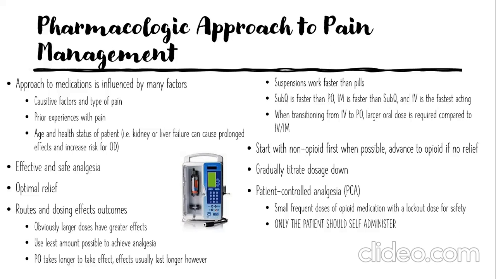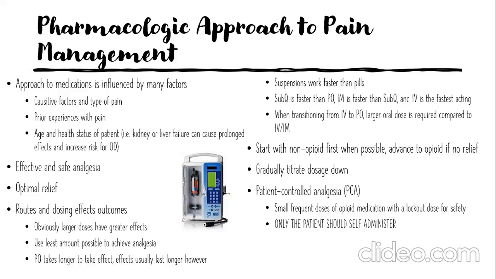So everybody, different strokes for different folks. It's what's worked for you in the past. Also, you want to consider the age and health status of the patient. If they're having kidney or liver issues, that can prolong the effects and it will increase the risk for overdosing because that drug is being filtered out of their system much slower.